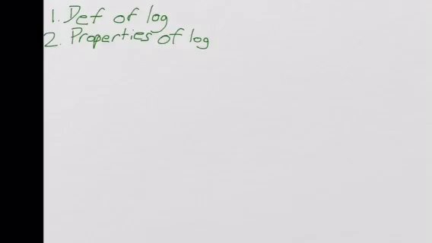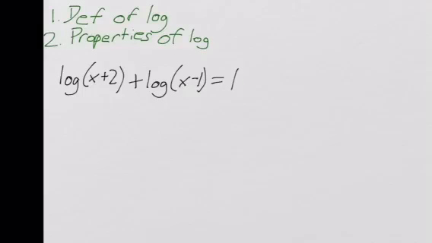So, an equation you might see is log of x plus 2 plus log of x minus 1 equals 1. The first thing we're going to do here is go ahead and combine those two logs.